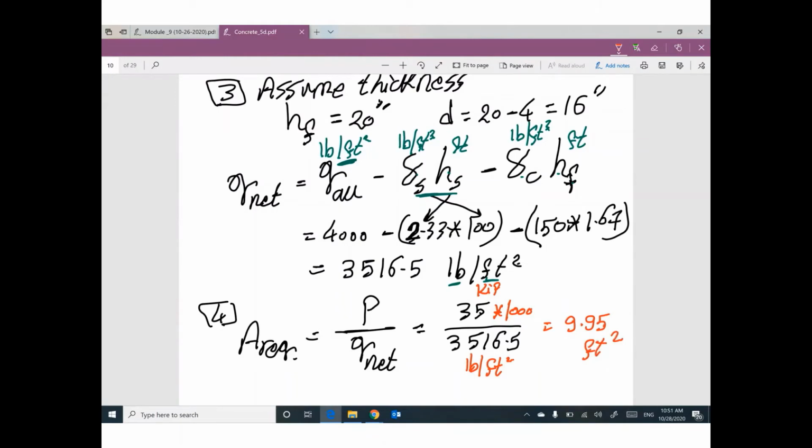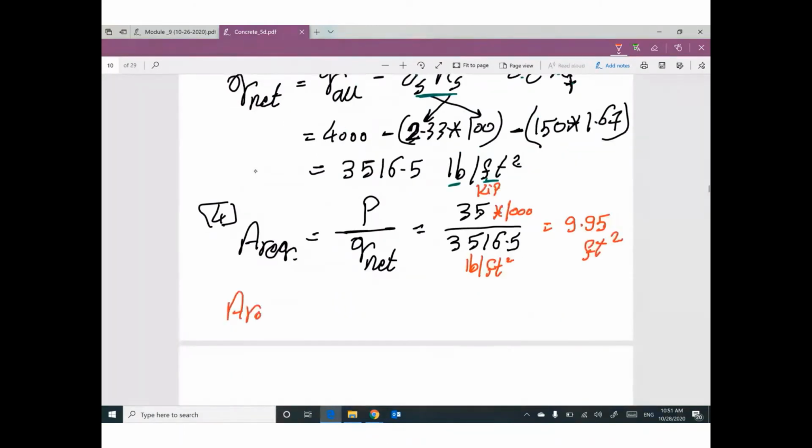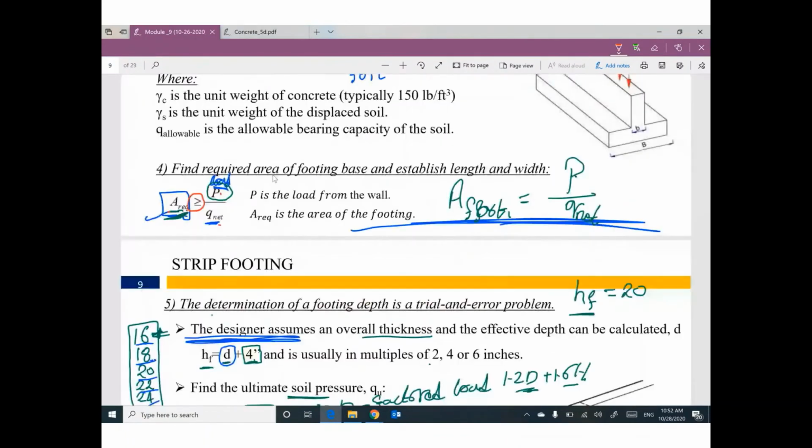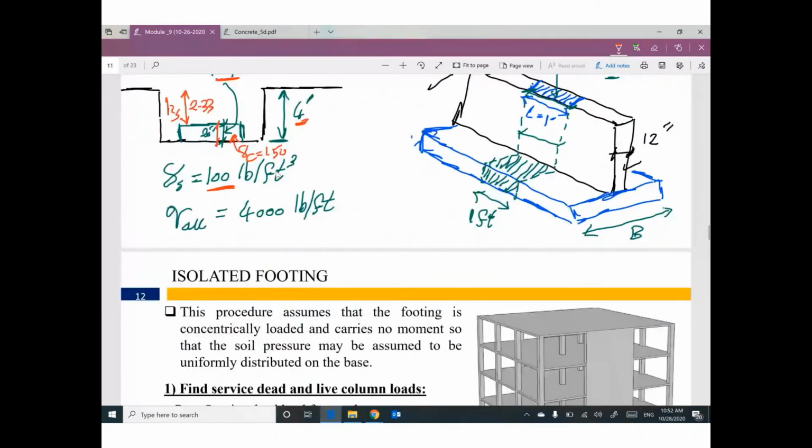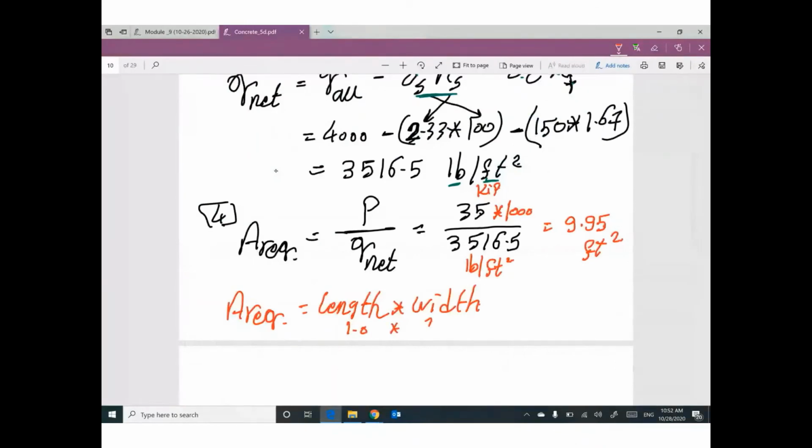Guys, this area required equals length of the footing times width of the footing. But for this footing, we are talking about unit length. So the length will be 1. The width is unknown. Area is 9.95. So what is the value of width? 9.95, approximately 10 feet.